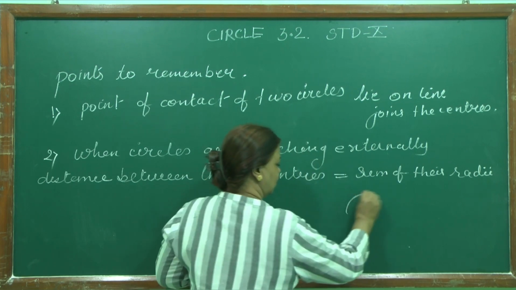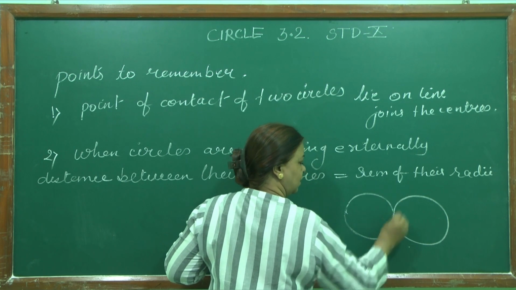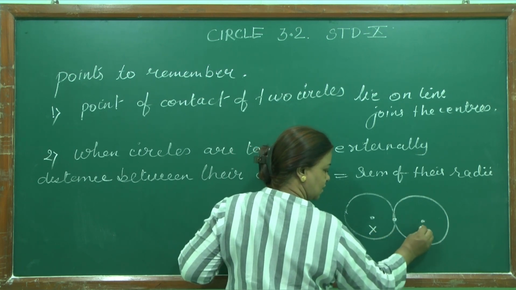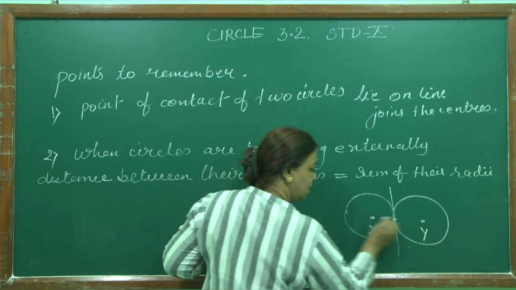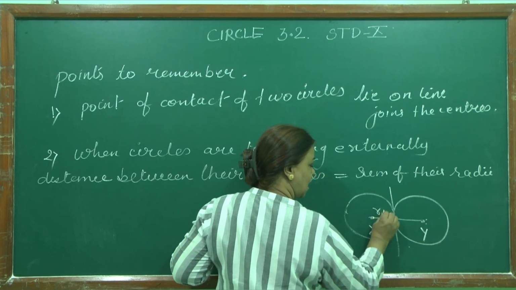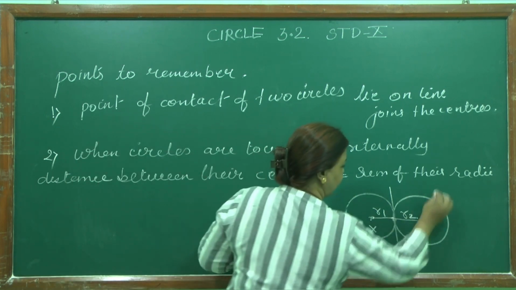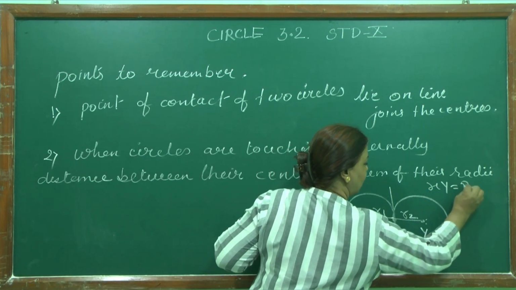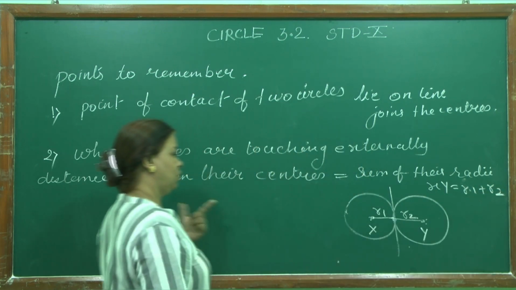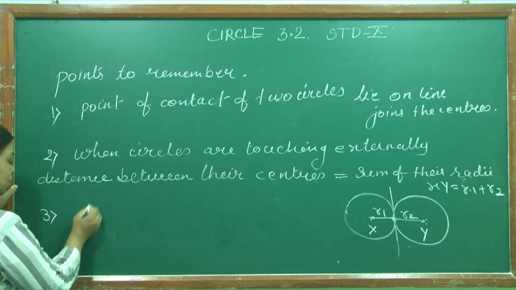Like this. See. This is one circle and this is another circle touching each other at one point. This is the circle with center x. This is the circle with center y. So what will be the distance between their centers? This radius plus another radius. This is r1, this is r2. So I can say xy is equal to r1 plus r2.